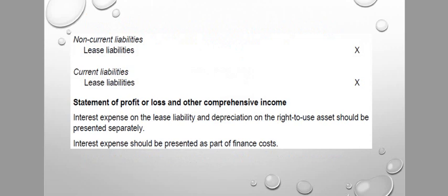So that's the pro forma of how you need to show the non-current liabilities and the current liabilities under the equity section of the statement of financial position.